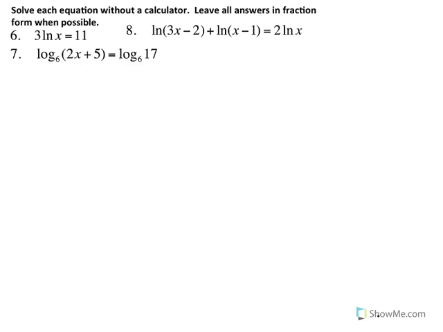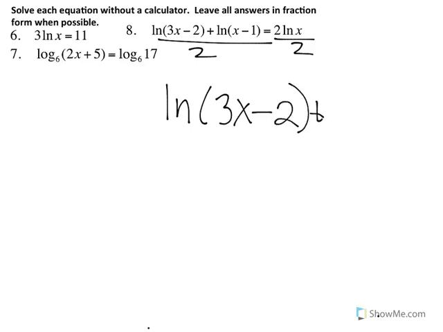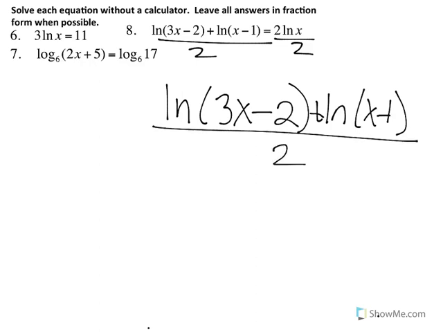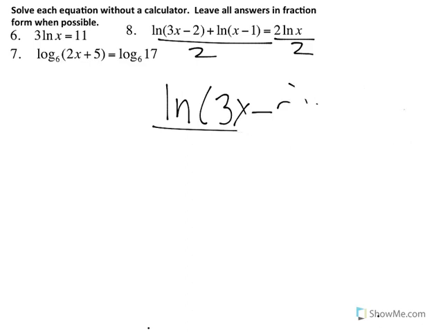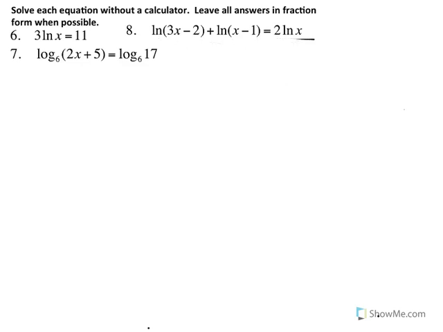However, if I try to divide that on both sides, look what happens. I just end up creating a mess on the left-hand side. I end up creating a division coefficient or a 1/2 coefficient that I would then want to get rid of to move back to the other side. So for this specific problem, that option is not really going to work well for us.